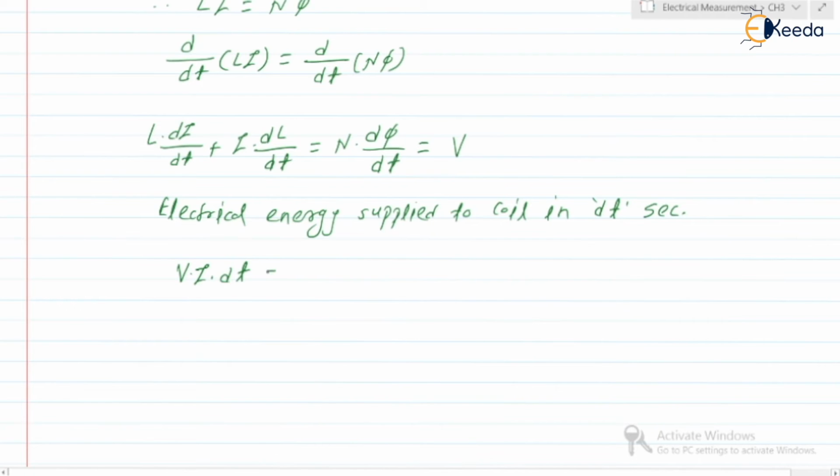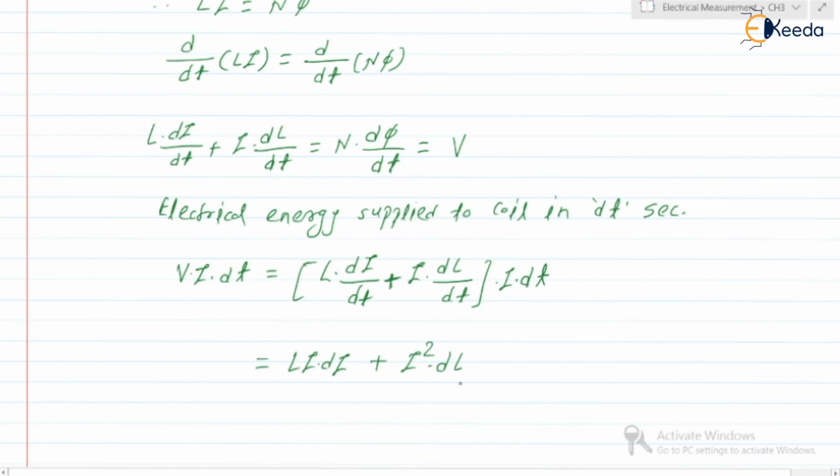V is nothing but L into di by dt plus I into dL by dt, into I into dt. The dt will get cancelled, so it is L into I into di plus I square into dL.